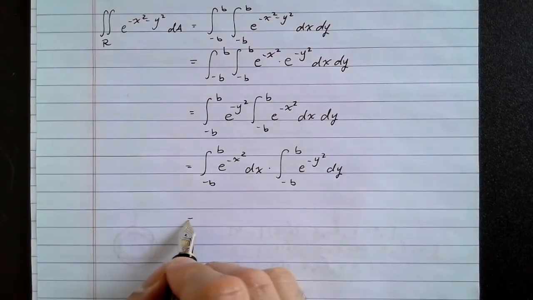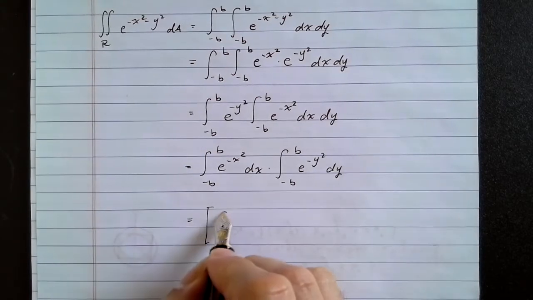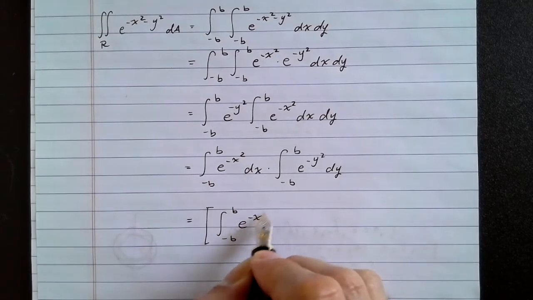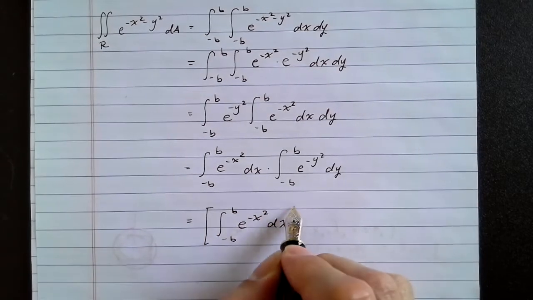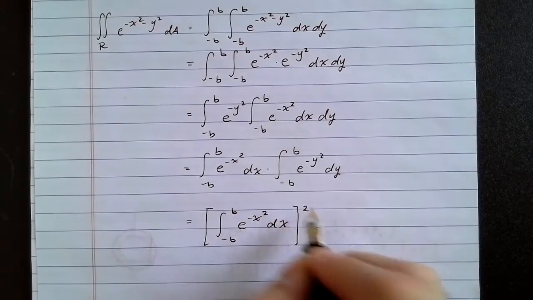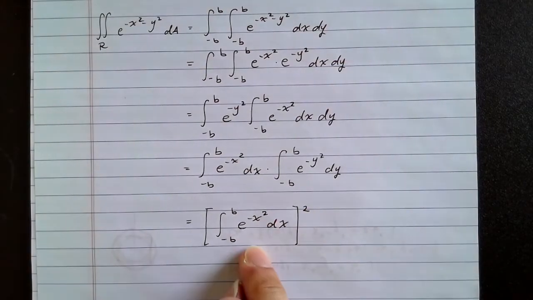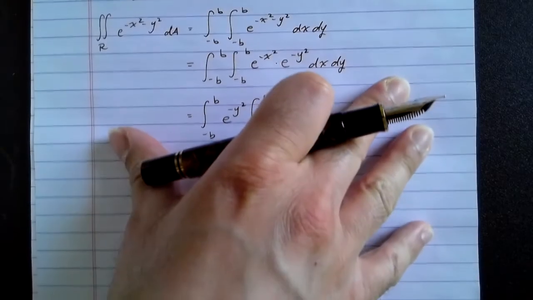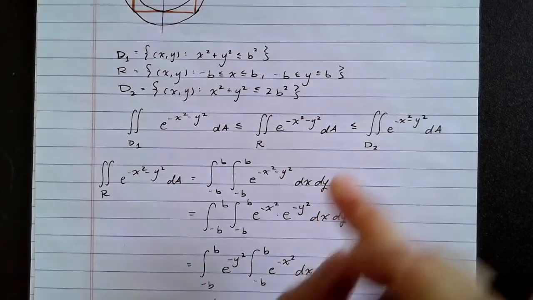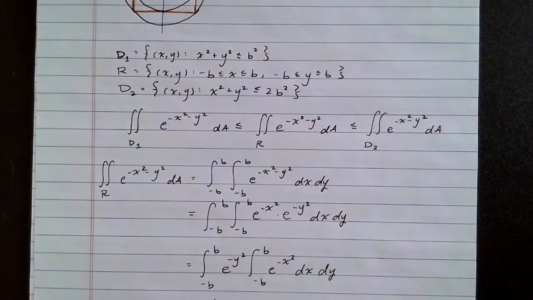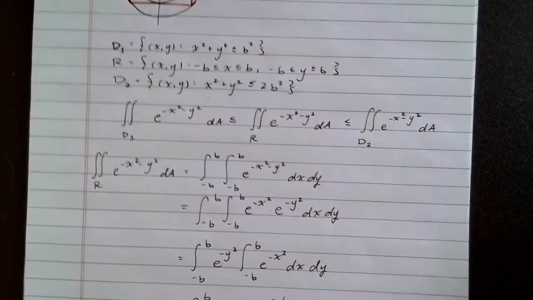So let's write here that this is that integral squared. But so we note this, and now let's investigate the other two integrals, and this is where we're going to introduce our polar coordinates. So let's do that on the next page.